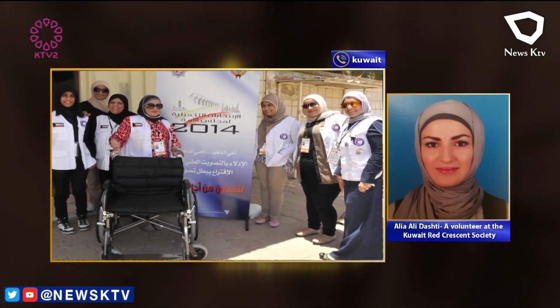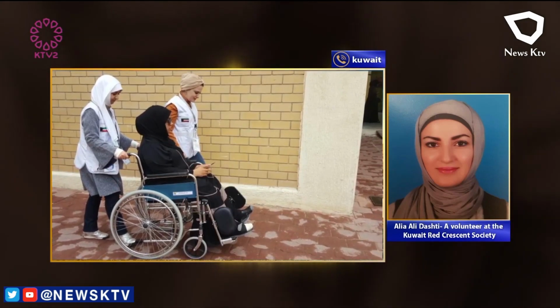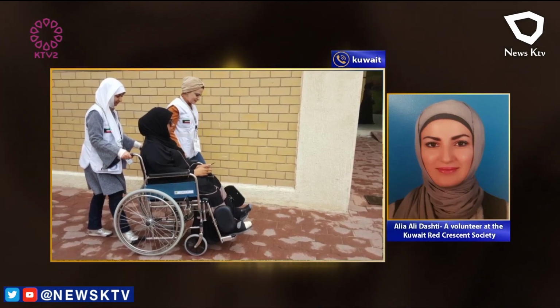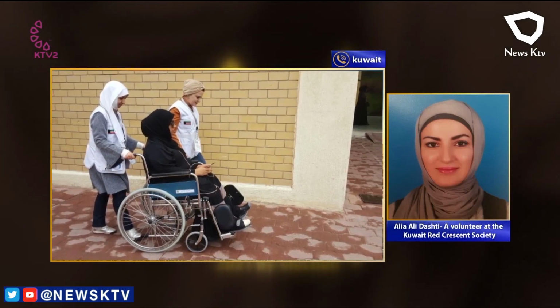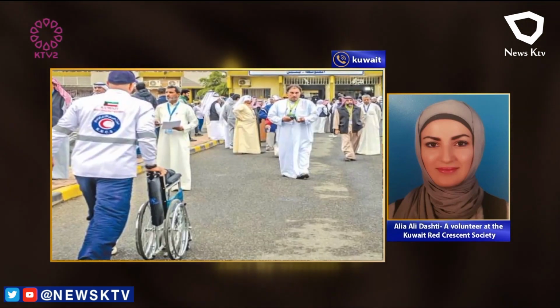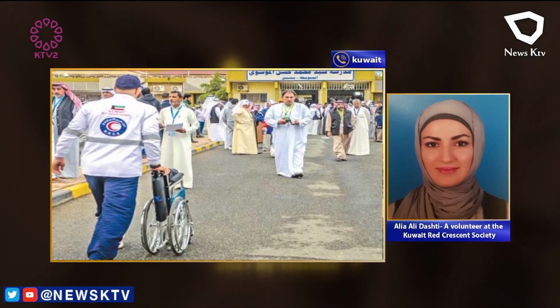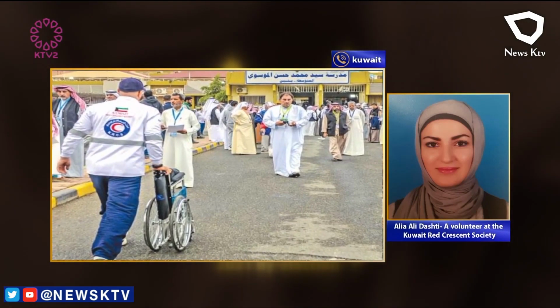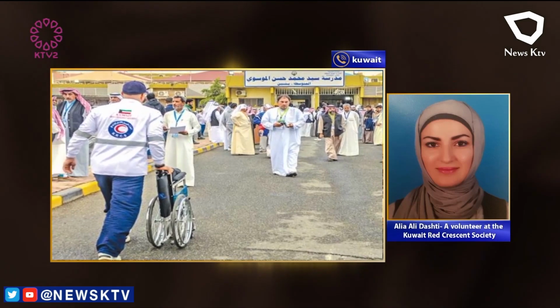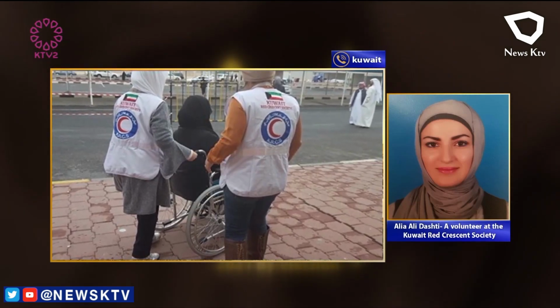So what we do is we give guidance. We answer any questions that they have. We lead them to their rooms. We help them to find the correct places where they're supposed to be casting their vote. The illiterate people, we try to help them find their names and numbers, and we take them to the places where they're supposed to be, in and out.